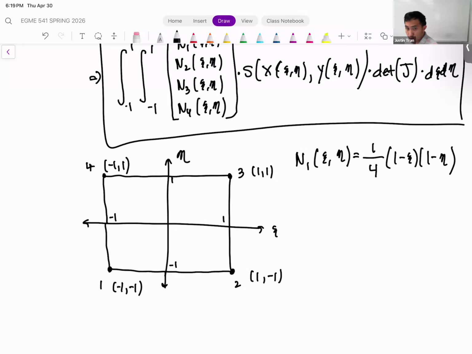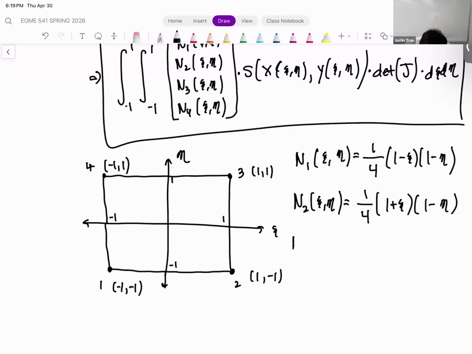Node 3, 0, node 4, 0. n2 of epsilon and eta is 1/4 (1 plus epsilon)(1 minus eta). n3 of epsilon and eta is 1/4 (1 plus epsilon)(1 plus eta).